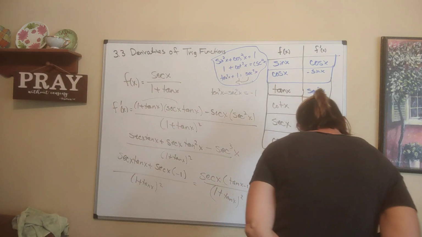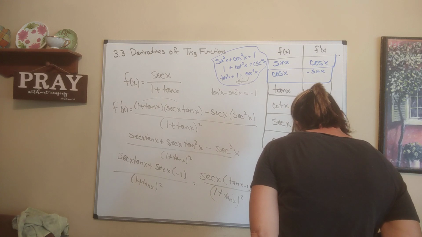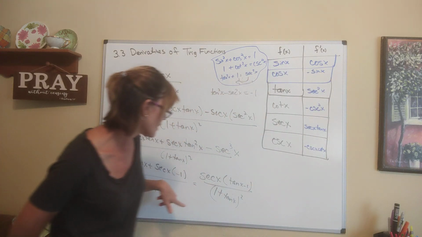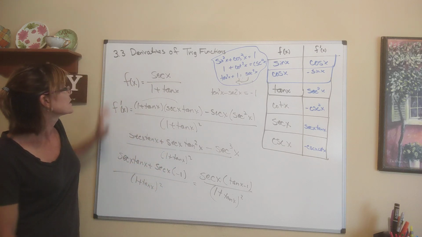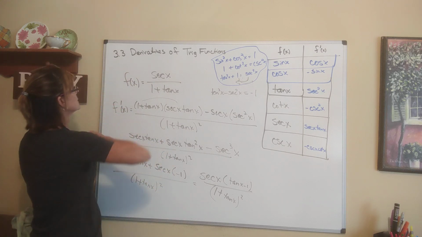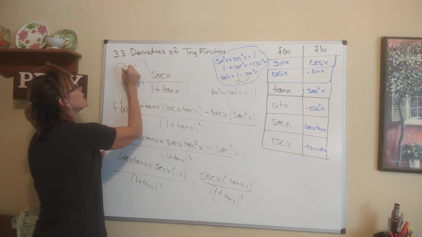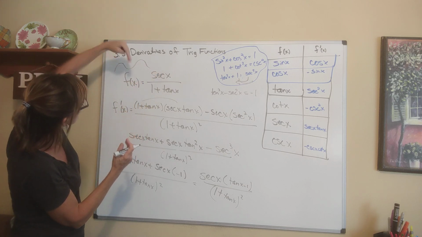The second part says, for what values of x does the graph of f have a horizontal tangent? Well, this graph is going to have a horizontal tangent. If you recall the sine wave and the cosine wave, at the turning point it's increasing and then it goes down.